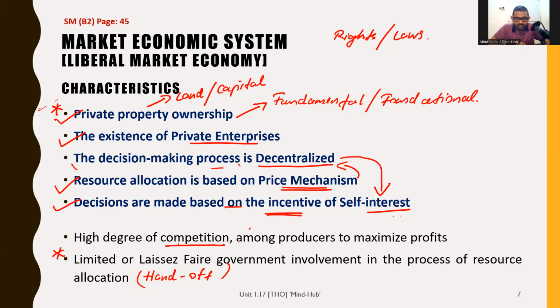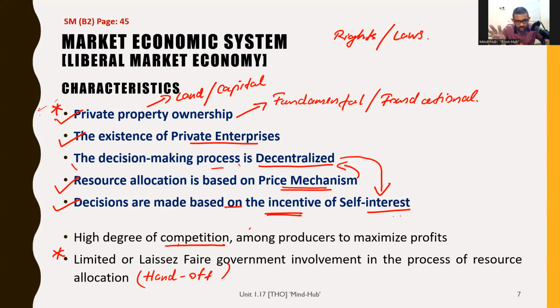Define, establish, protect private property rights. There we go. Very good. Define, establish, and protect private property rights. That is the fundamental job of the government in a market economic system.